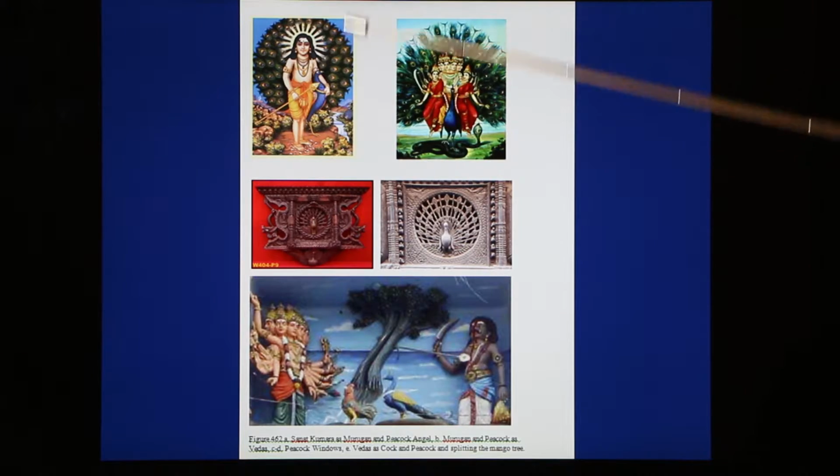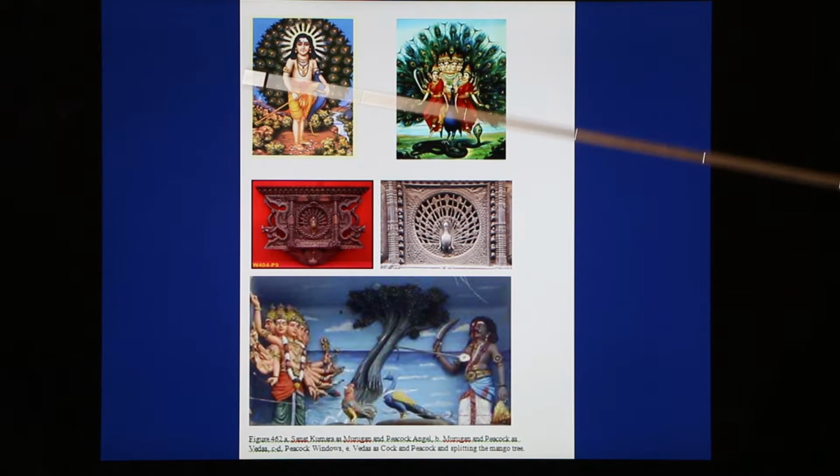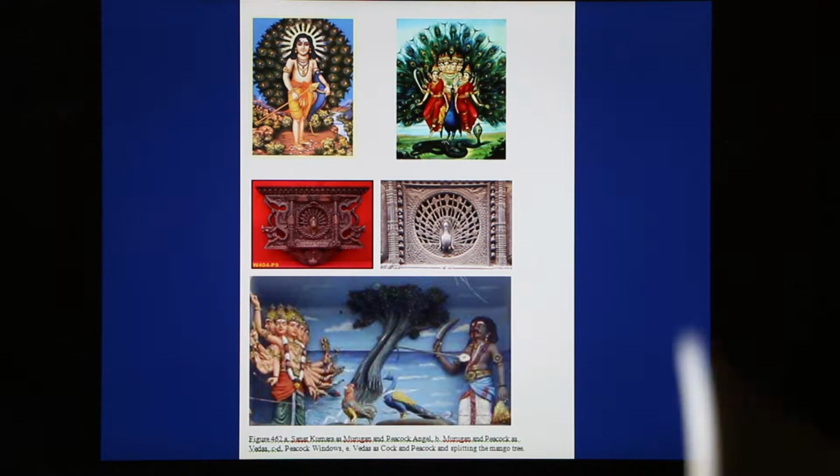Linked with these stories is then the Son of God. And the Son of God has a whole number of names. One of them is Sanat Kumara. Another one is Kartika. Another is Muruga, and so on. Typically, Sanat Kumara is shown as a little boy, and behind him an extraordinary peacock array.